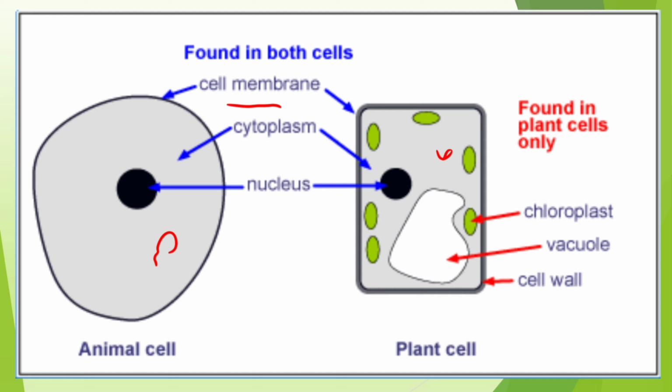Sometimes if it is present in an animal cell, it is present in a very small region, but in the plant cell the vacuole is present in a large region. See, this layer is called cell membrane, and you can also call it plasma membrane. Inside the plasma membrane, the center portion is the nucleus.